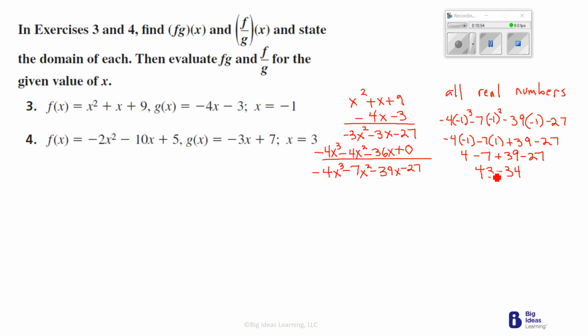And now I have 43 minus 34, and that's going to give me 9. All right, so the answer to the first one, which we're multiplying, is going to be 9. And we do f times g times x.